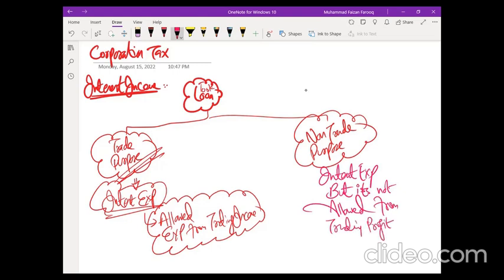For example, if the loan is not for a trading purpose and the interest expense is already deducted, like depreciation, which is not an allowed expense but is already deducted, what are we going to do? We are going to add it back.